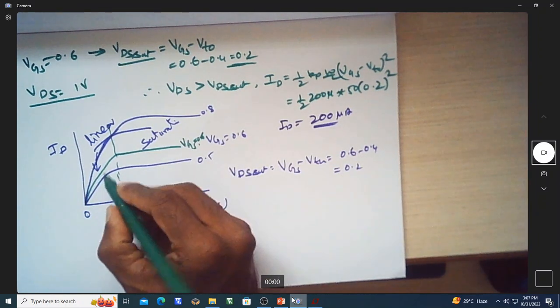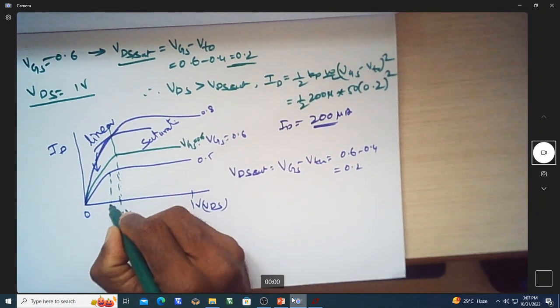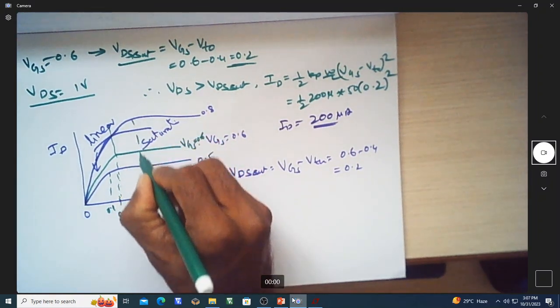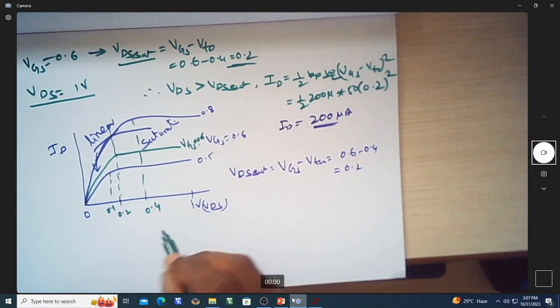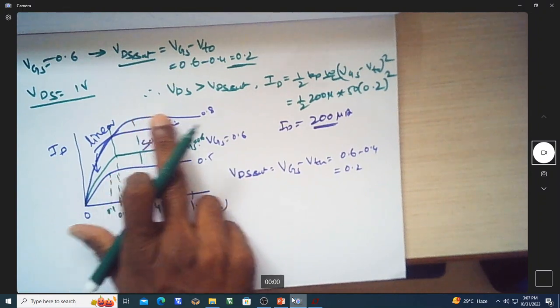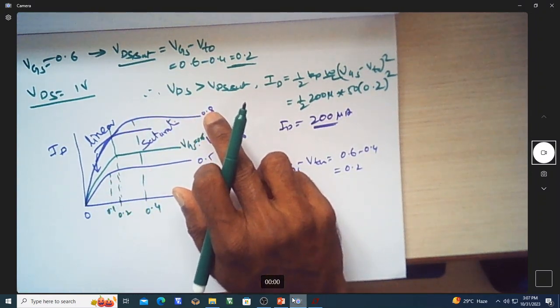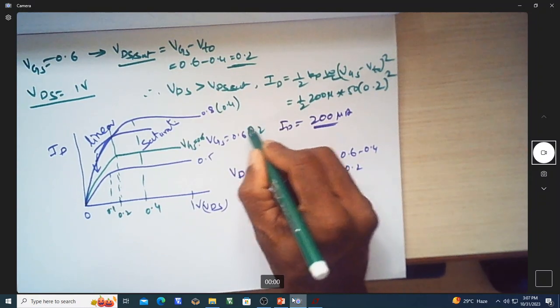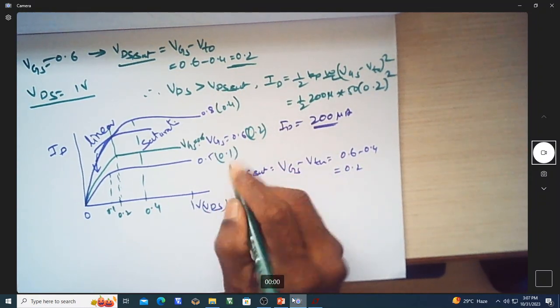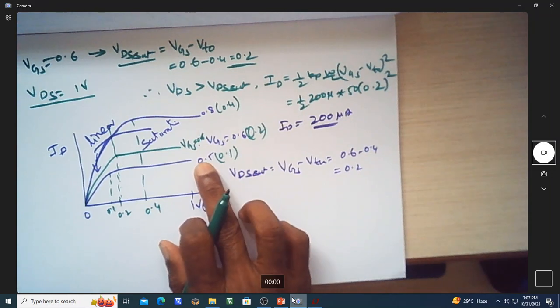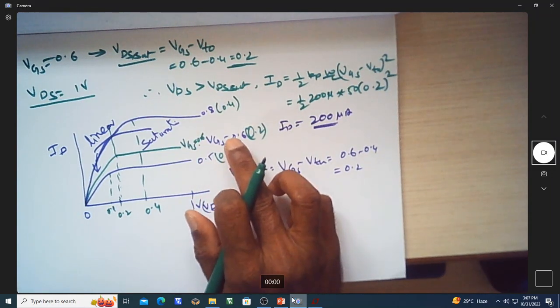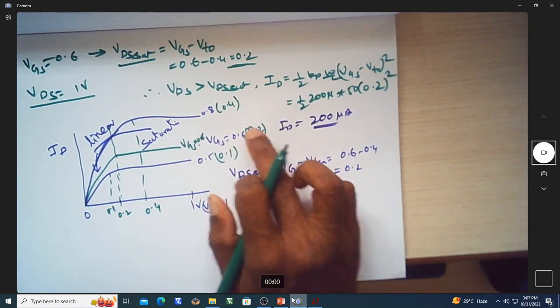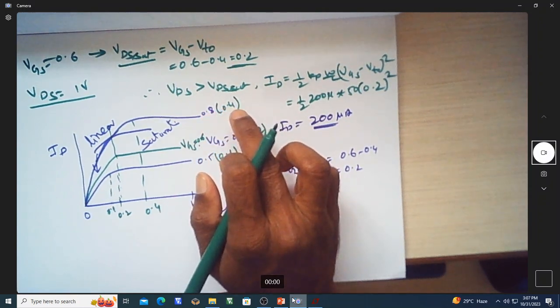You can notice one thing. This is 0.1, this may be 0.4. After 0.4 it saturates because VDS sat for this is 0.4, VDS sat for this is 0.2, VDS sat for this is 0.1, meaning VGS minus VTH: 0.6 minus 0.4 is 0.2, 0.8 minus 0.4 is 0.4.